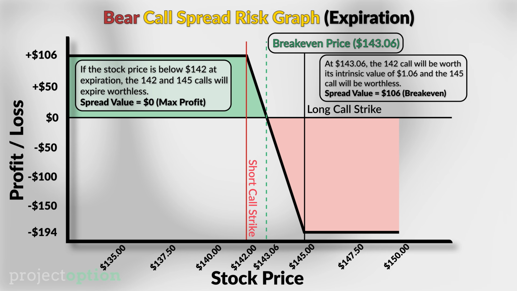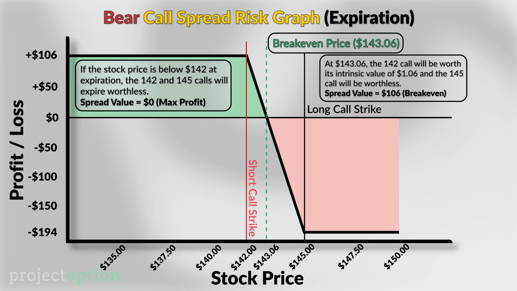The break-even price is $143.06, which means if the stock price is right at $143.06 at expiration, the 142 call will have intrinsic value of $1.06, and the 145 call will expire worthless, leaving the spread with a value of $1.06.